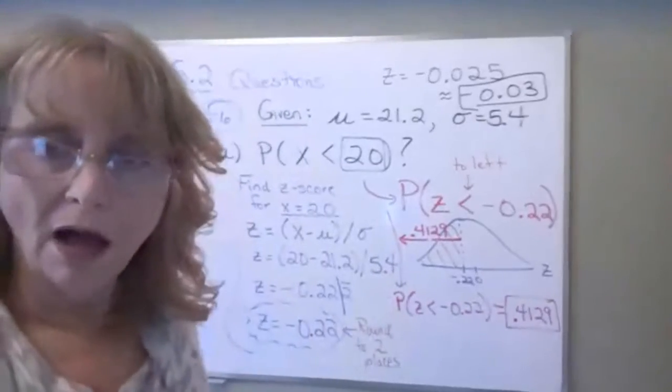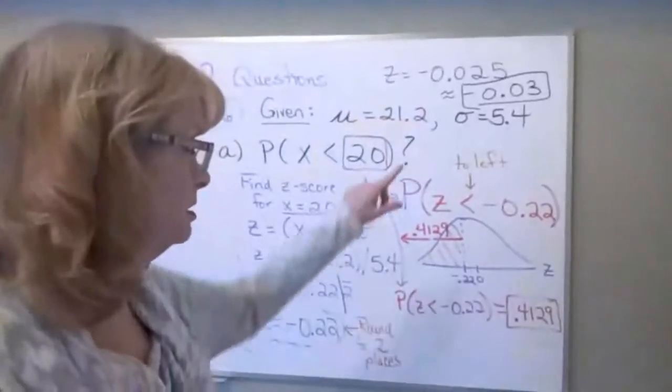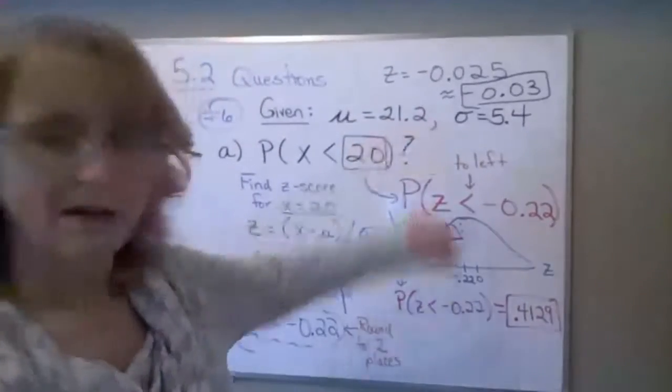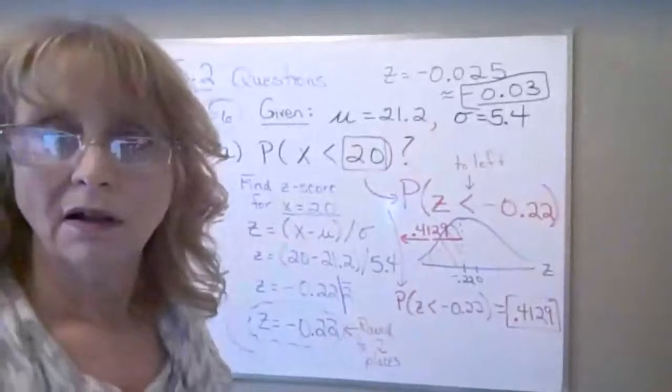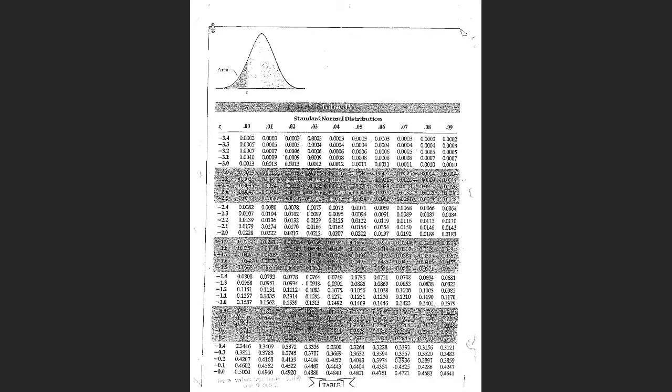I want to show you in the column. If you were looking up negative 0.03, I want to show you which row you would look at. So I'm going to write that down again. If I had a z-score of negative 0.03, that means the row that I'm going to look up is negative 0.0.